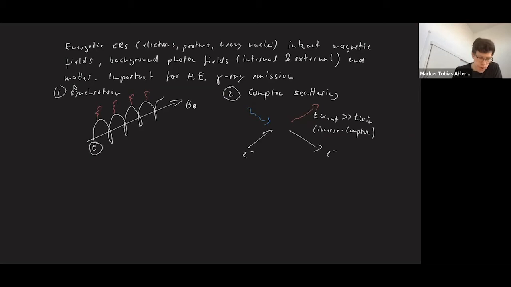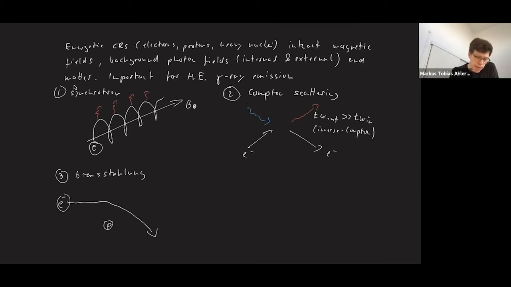Then we also have the effect of Bremsstrahlung. Bremsstrahlung is a German word which means radiation caused by braking. So in this case, you consider the acceleration of electrons in the vicinity of background protons.